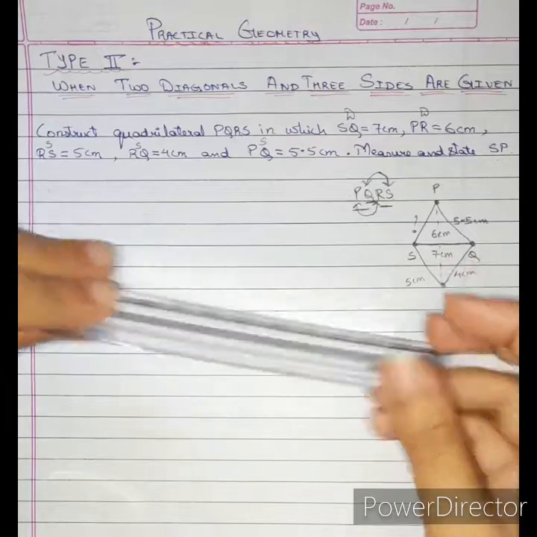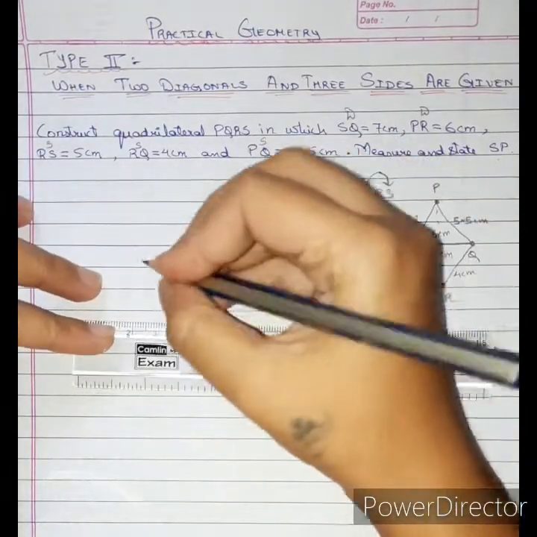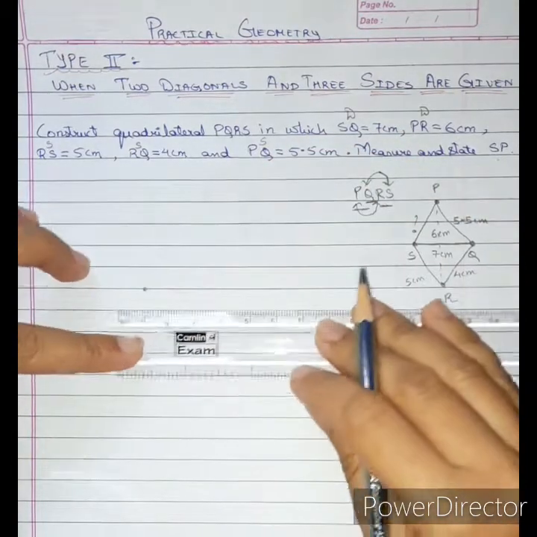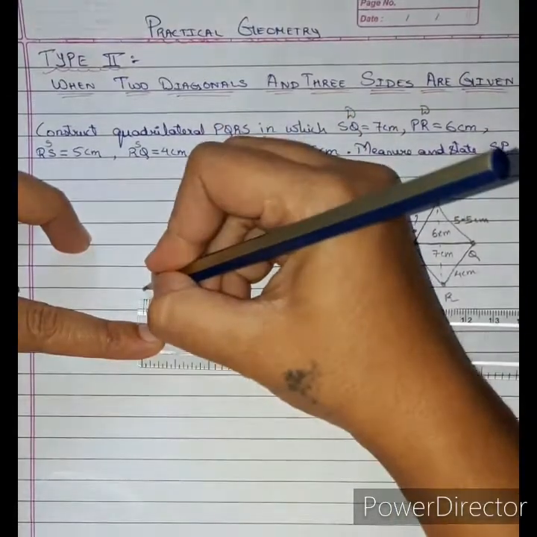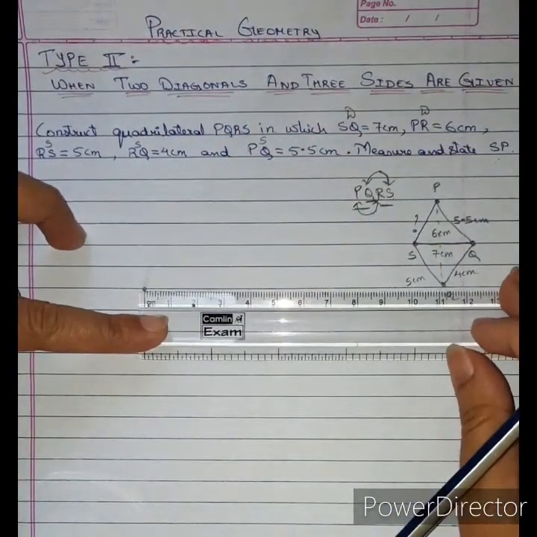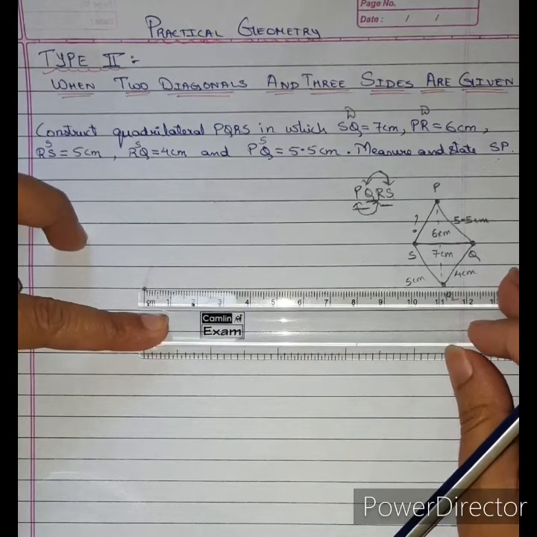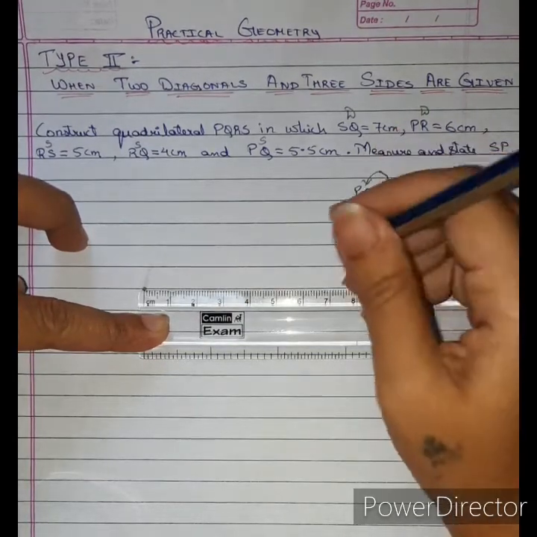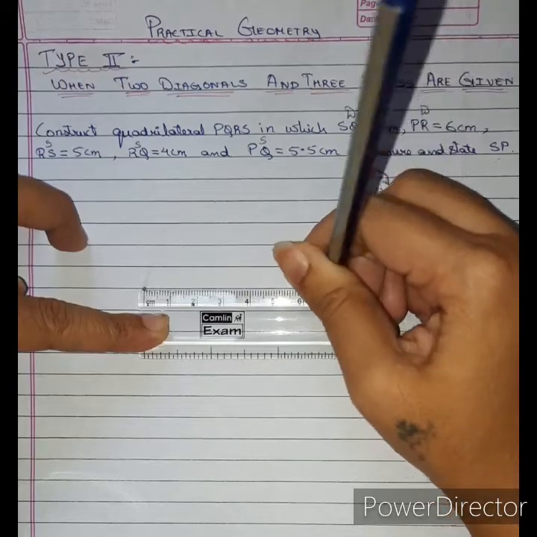So first we will draw the SQ diagonal by marking a reference point of S. See that you have one point. That is 7 cm exactly.